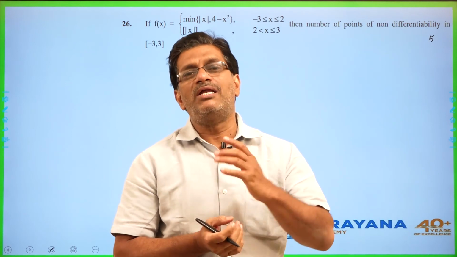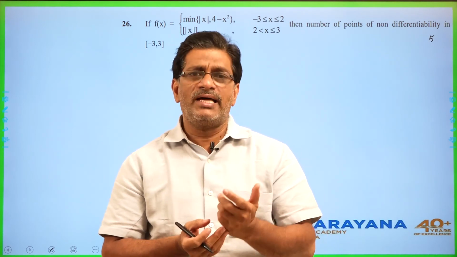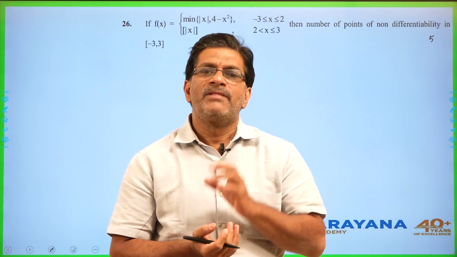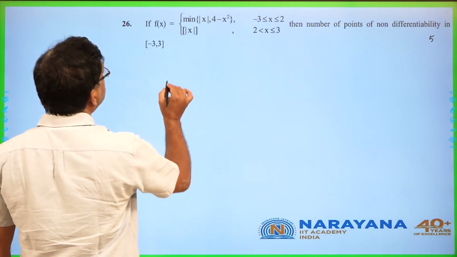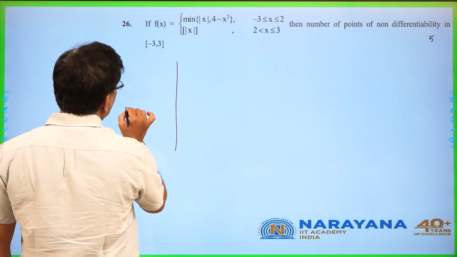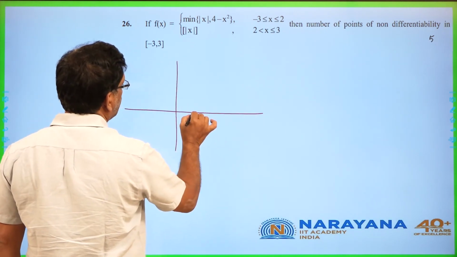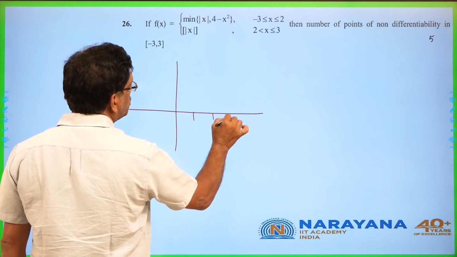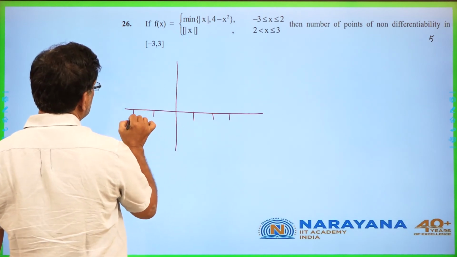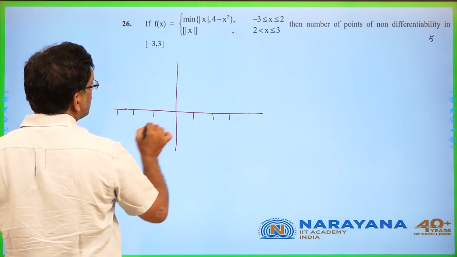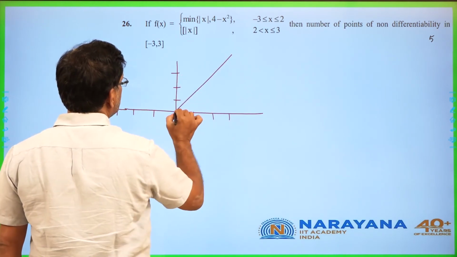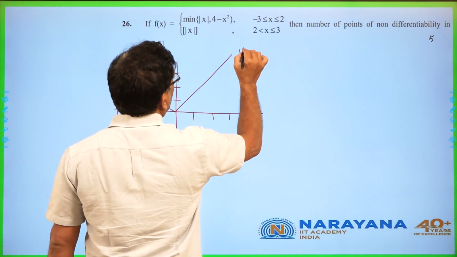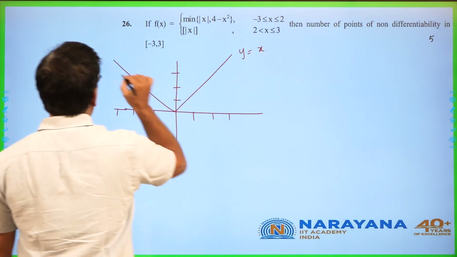At a corner, multiple tangents will occur, hence we can say that it is not differentiable. Let us draw the diagram. First of all, if the diagrams are known, no problem. 1, 2, 3. 1, 2, 3.